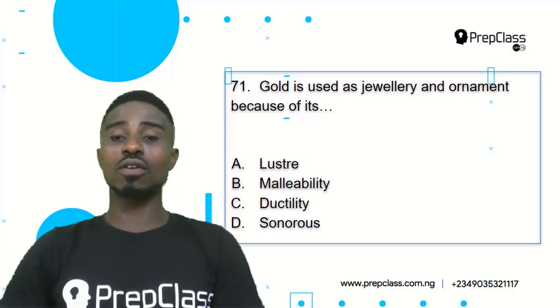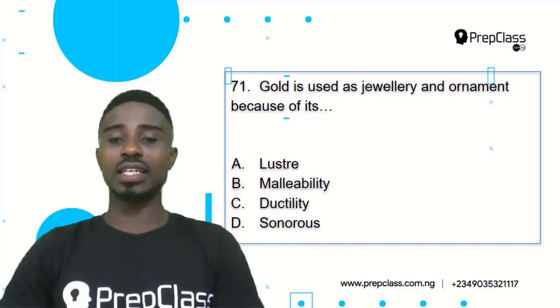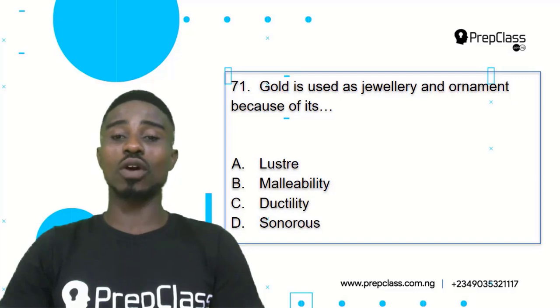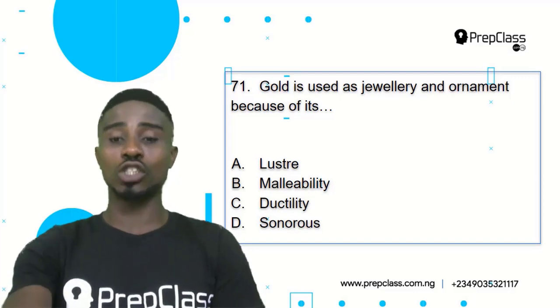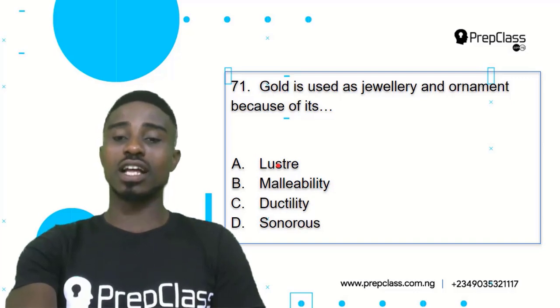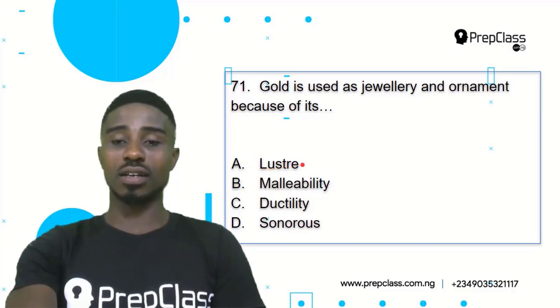Luster is the ability of a metal to shine. The shining nature of a metal is termed luster. And gold is used as jewelry and ornament because of its luster. It looks shiny. That's why it is used as jewelry and ornament. So option A is our correct answer.